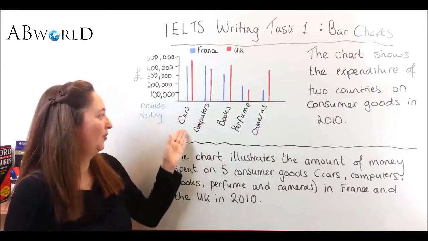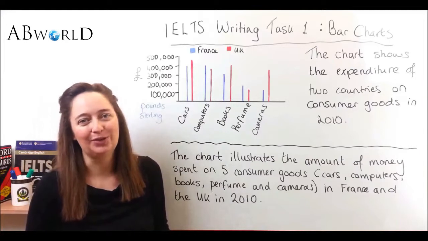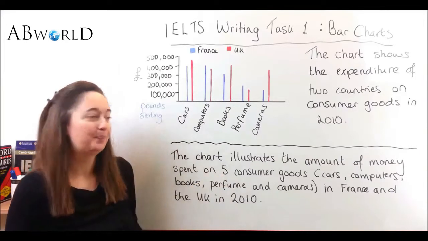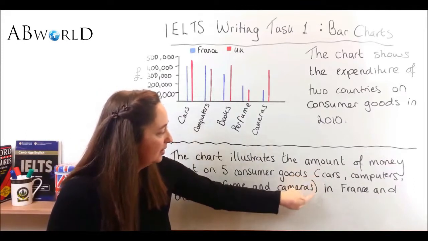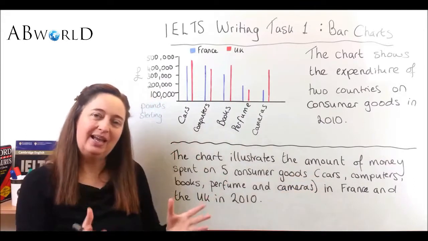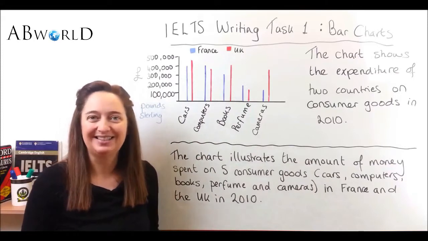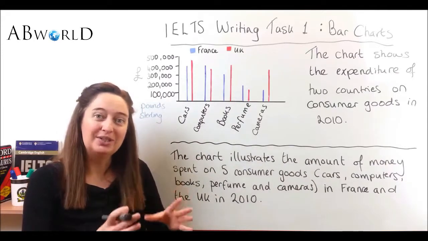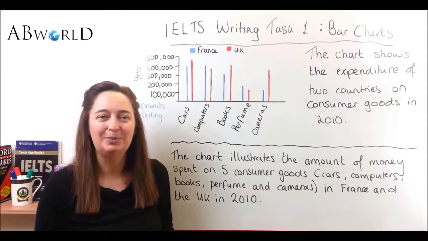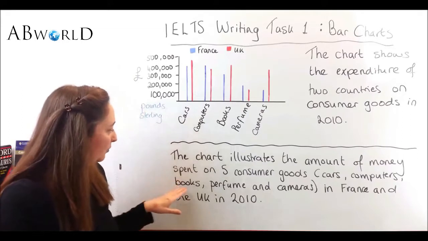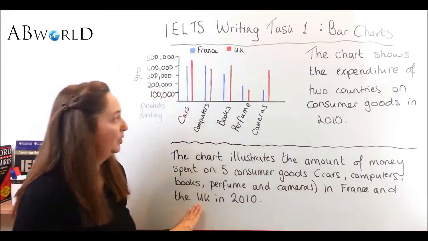So here we've got 5. If it is over 8, maybe you don't want to do that and you just give the number. But here I've given the list and I have used brackets. And brackets are very useful in academic writing task 1 so that you can put data or information in them. Perfectly normal to use. So we've got the list, and then I say in France and the UK.